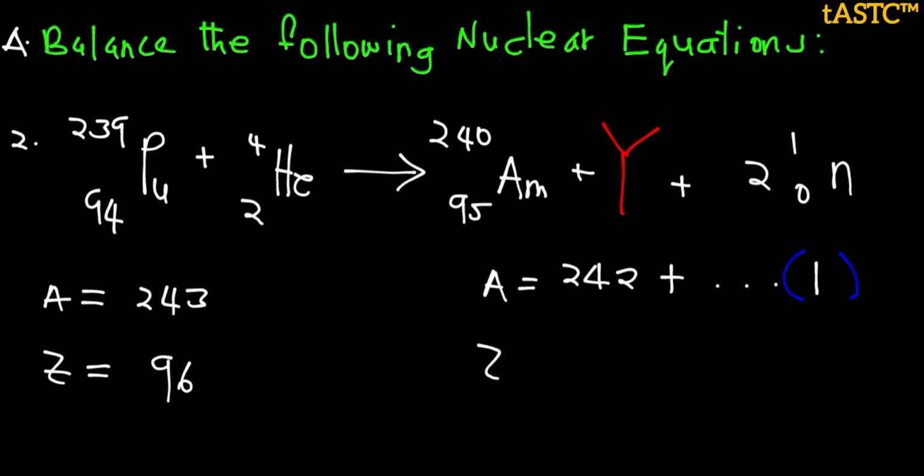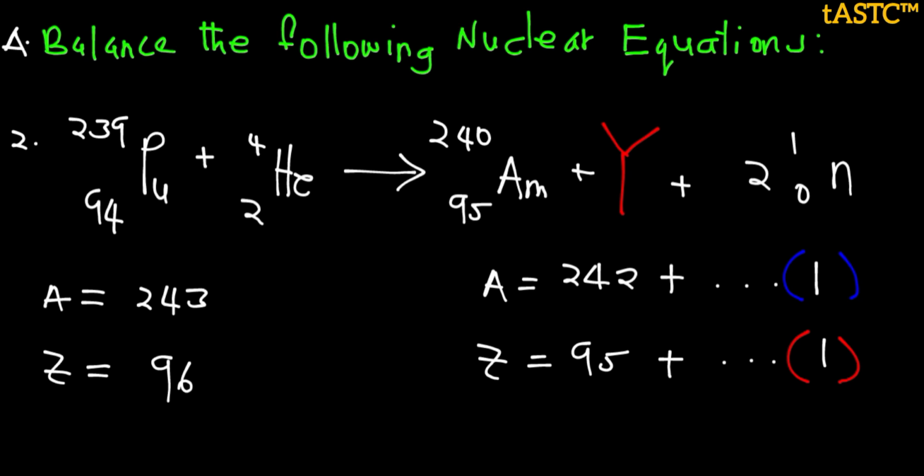Now for Z, this is 95 plus 2 multiplied by 0. That gives you a 0 added to 95. That gives you a 95. Now, obviously, this again will be added to a 1 because we know that that is the value to make up 96 on the left hand side.